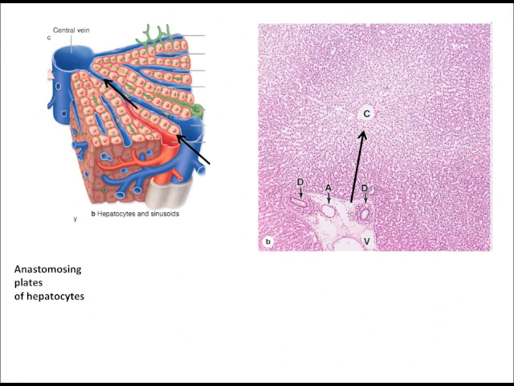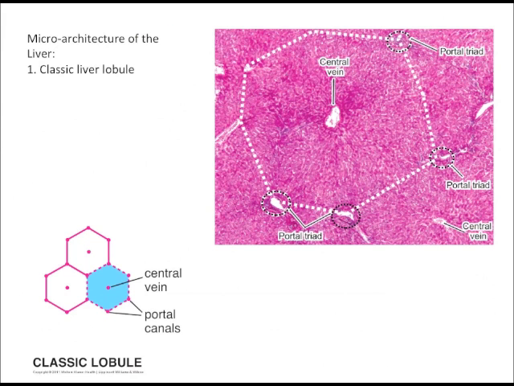Hepatocytes produce and secrete bile into a duct system. The flow of bile is opposite of the flow of blood, as seen in the cartoon illustration on the left. Now, the microarchitecture of the liver is typically described in 3 organizations. The first and most commonly used term is the classic liver lobule.